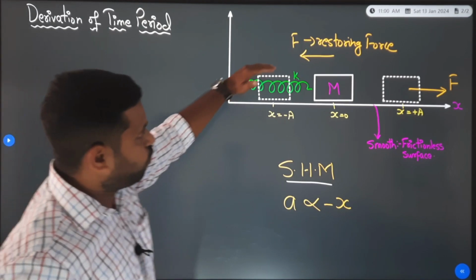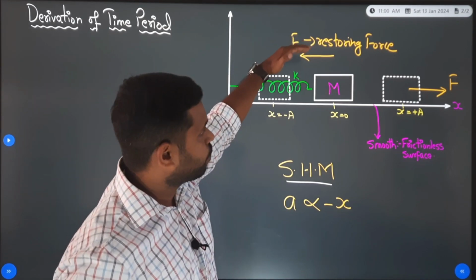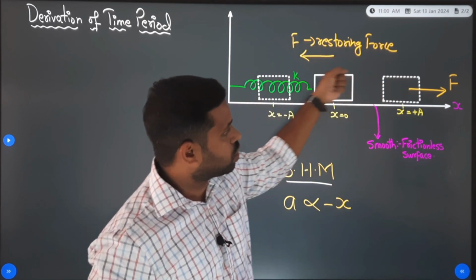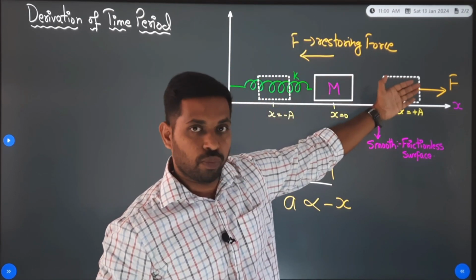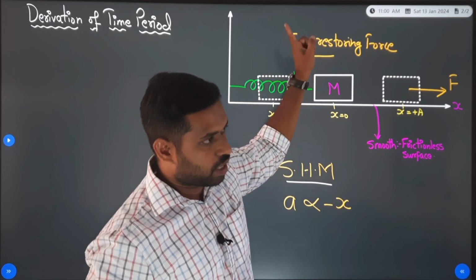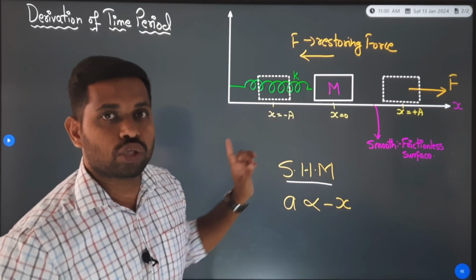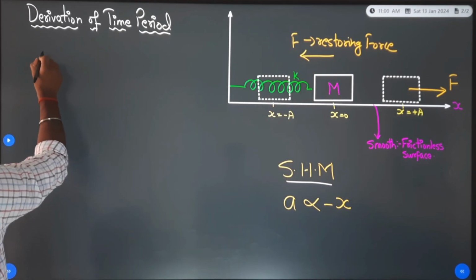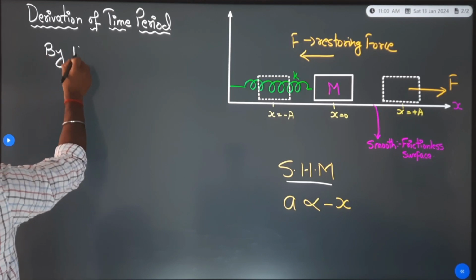Now the force that came into play, which tried to restore the disturbed position of the mass, that force can be given by Hooke's law.